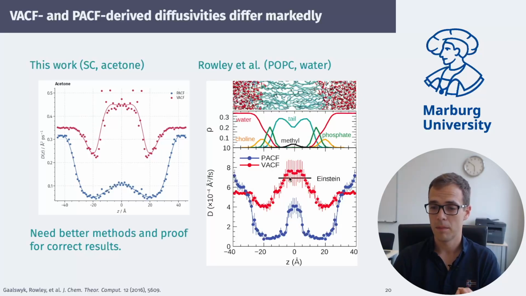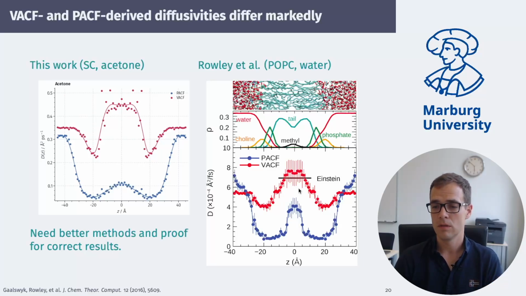profile. They basically try to estimate a diffusivity from the conventional Einstein relation in the center of the membrane. But of course, that is a little bit tricky because the Einstein relation itself only holds for long observation times.